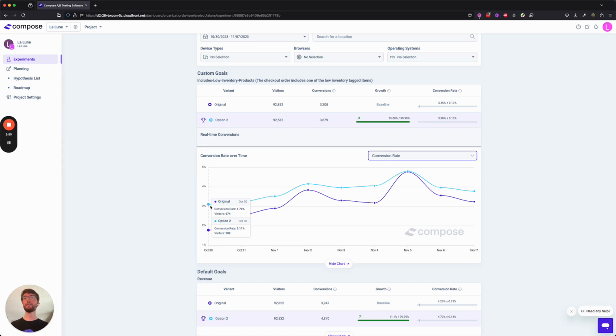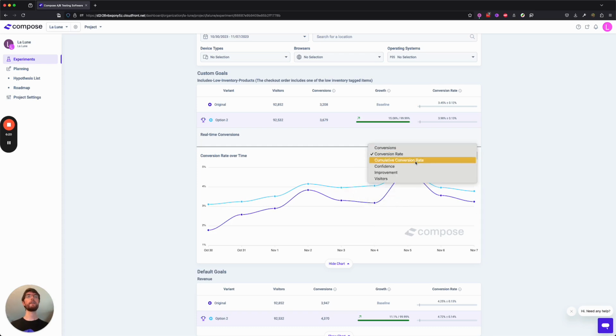So that's a big difference on day 1, October 30th. And we can see this difference maintained basically every day. So this is a really strong sign that we had a really good variant, a very clear winner here when you have consistently higher conversion rates every single day.